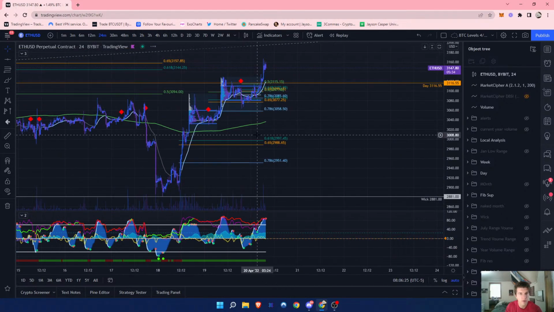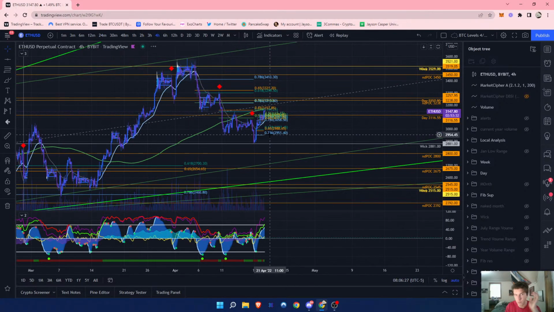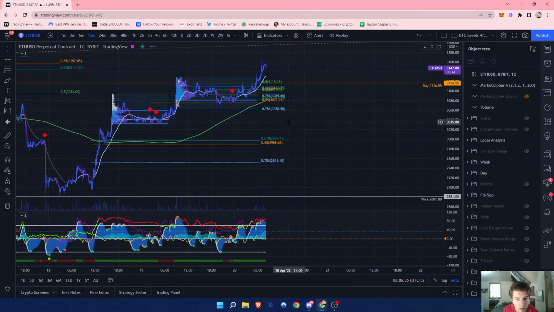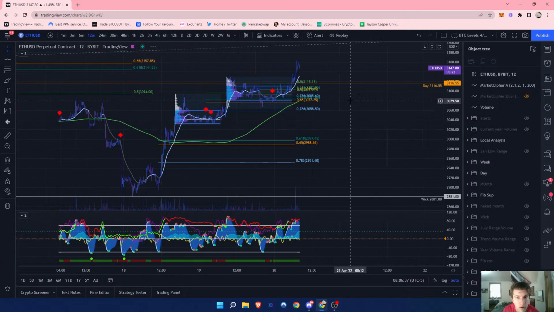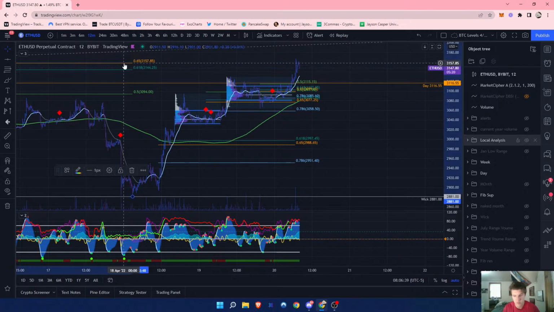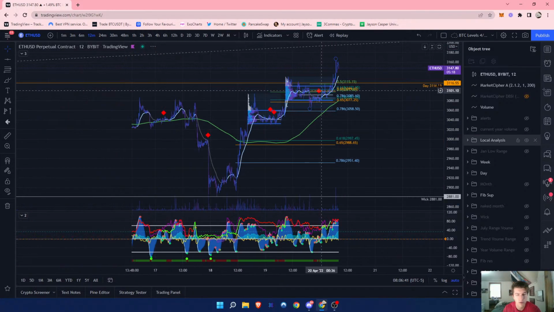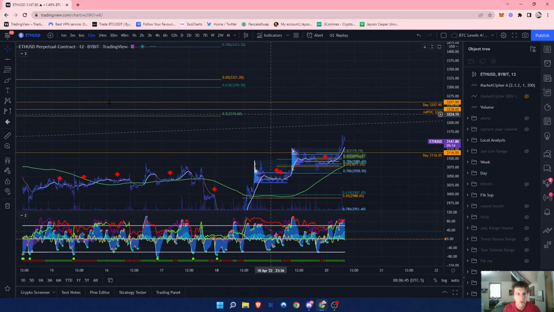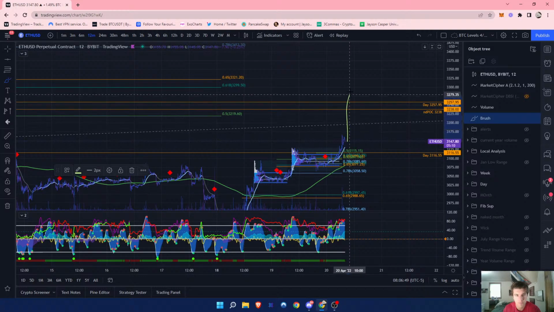Alright, so that's pretty much it for longs that I'm really looking for. Can look for shorts now. So I'm just gonna delete this because we are at that resistance. So up here, this next golden pocket, just kind of reject like that.